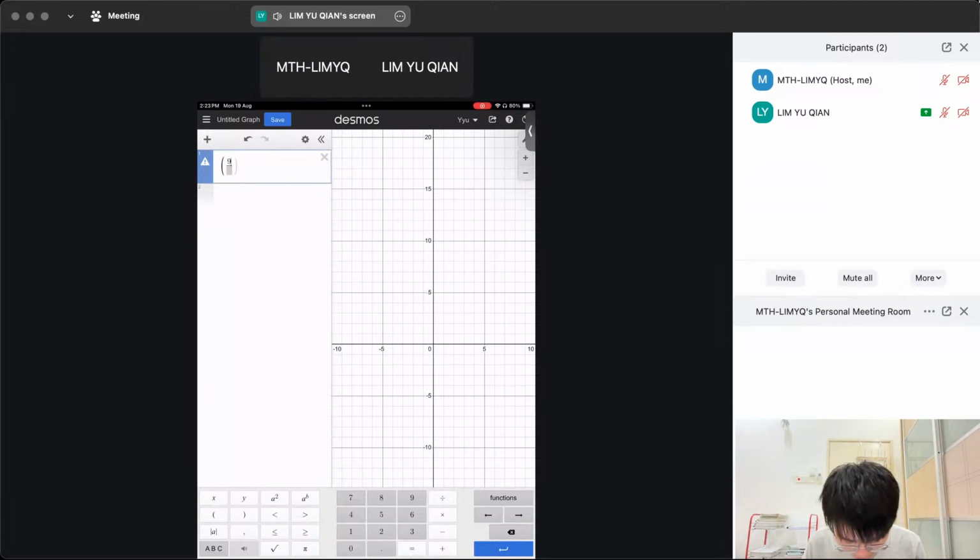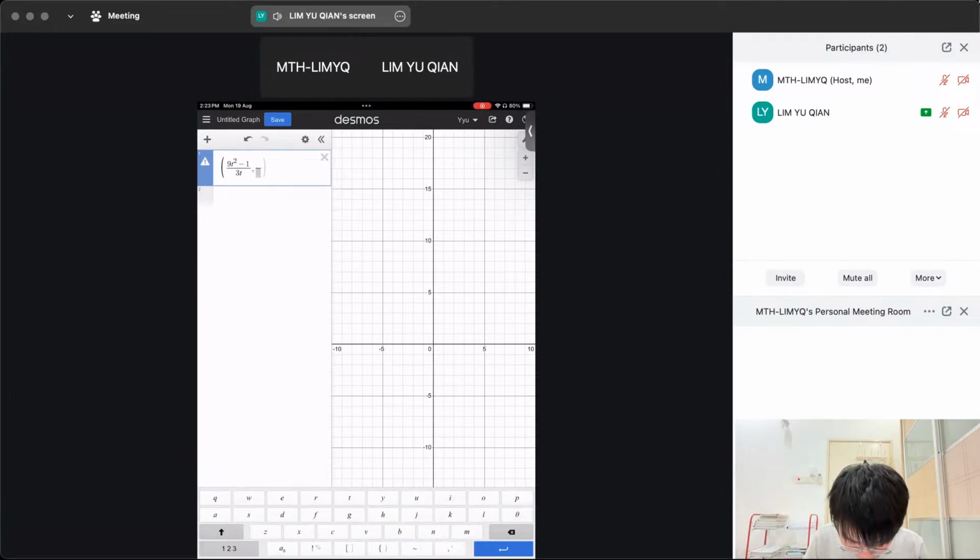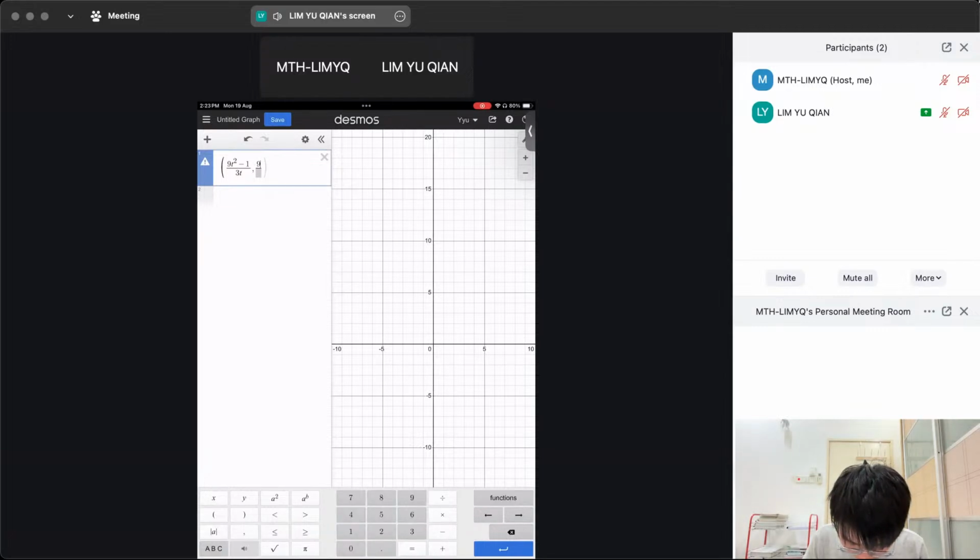Fraction 9t squared minus 1 over 3t, comma, fraction 9t squared plus 1 plus 3t minus 1 over 3t.